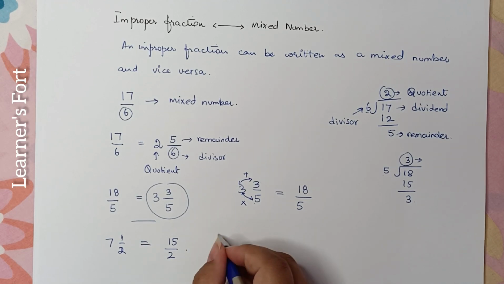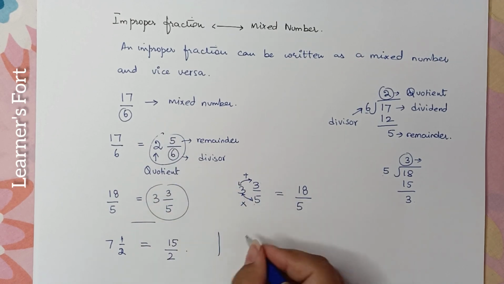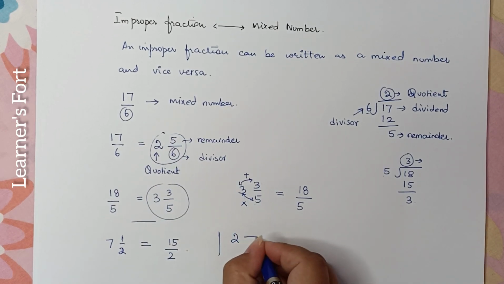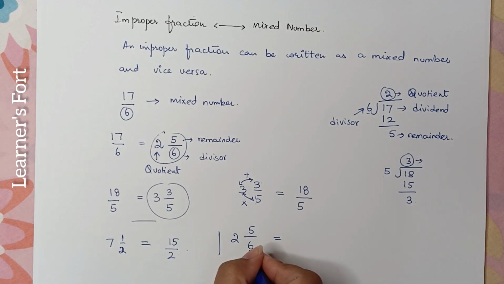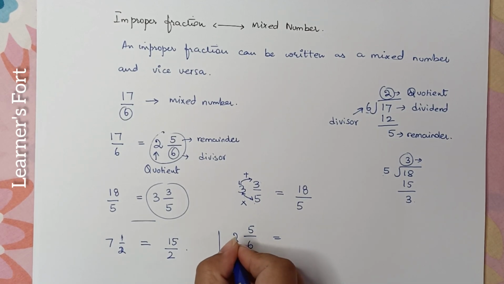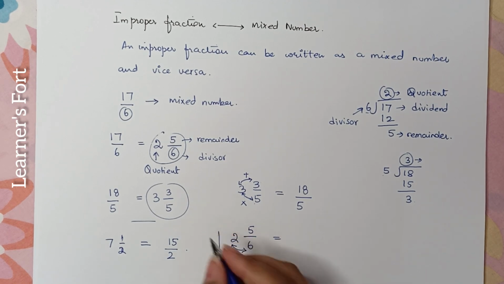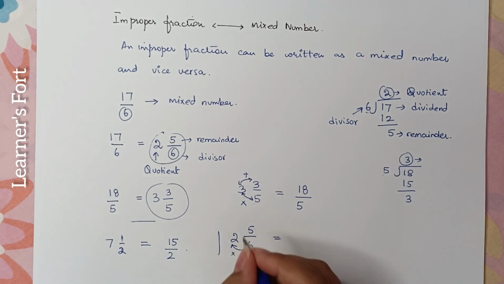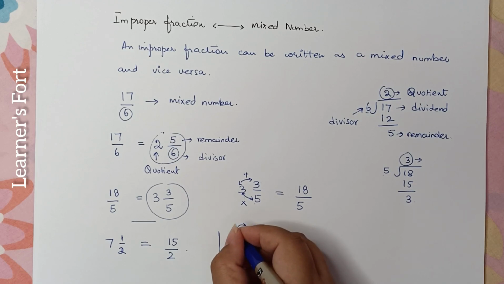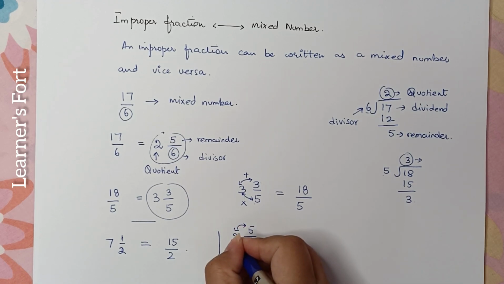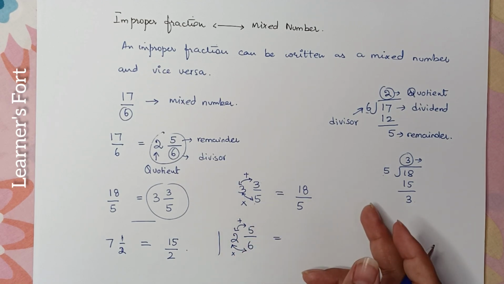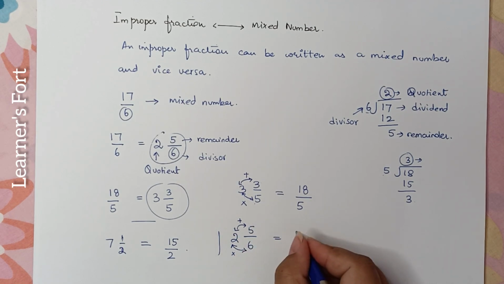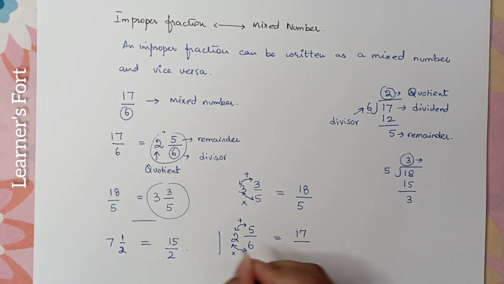Or you can consider this one as well: 2 whole 5 upon 6, which goes like this. The denominator gets multiplied with the whole number, and then we add the numerator to the answer. 6 times 2 is 12. 12 plus 5 is 17, and the denominator remains as it is.